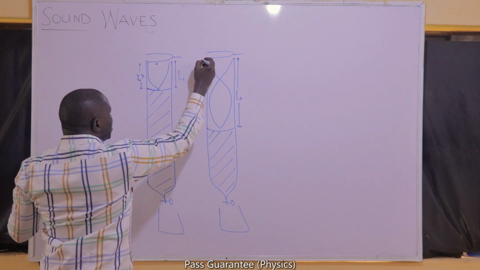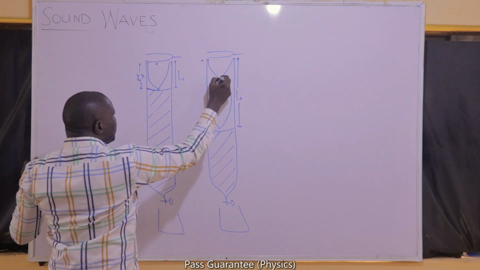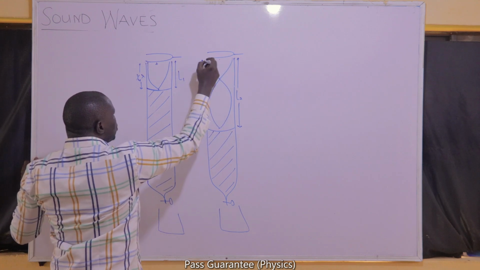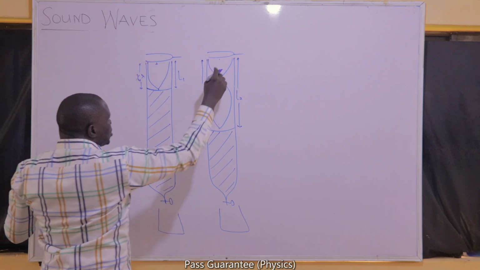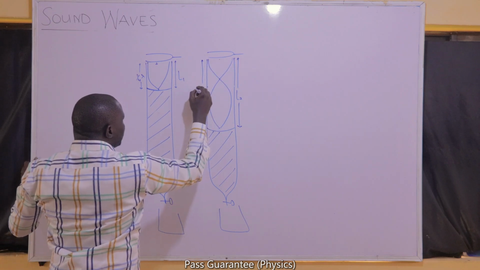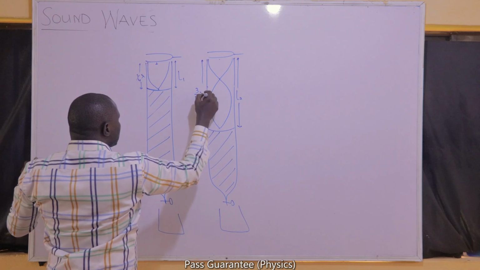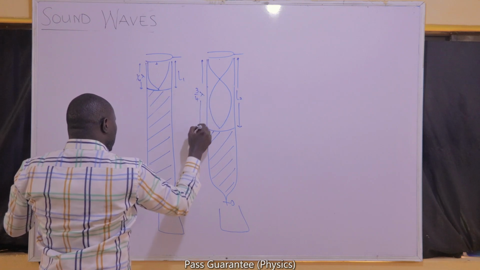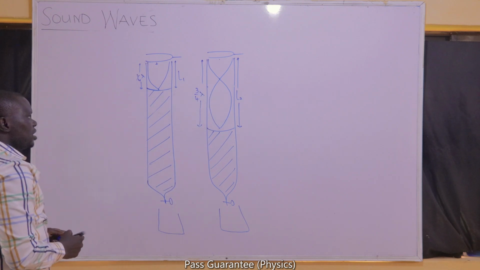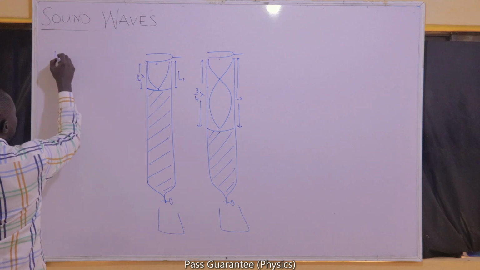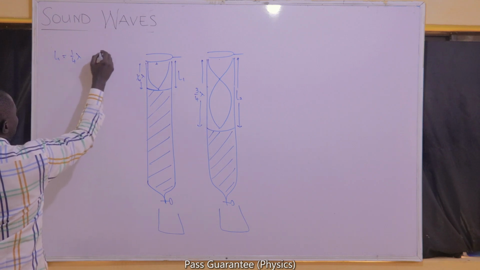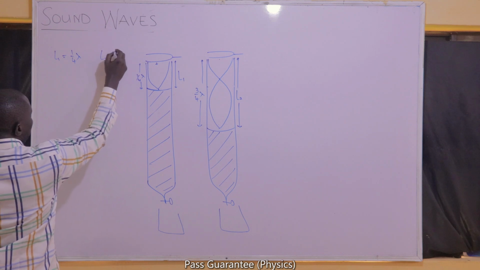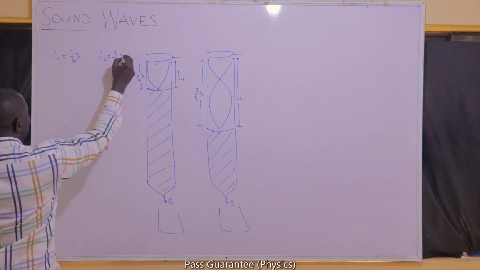Here we said node to node must be half, and node to antinode must also be 1/4. So if you add half to 1/4, you have 3/4 wavelength. If that is the case, then I can say that my L1 must be equal to 1/4 lambda, and my L2 must be equal to 3/4 lambda.